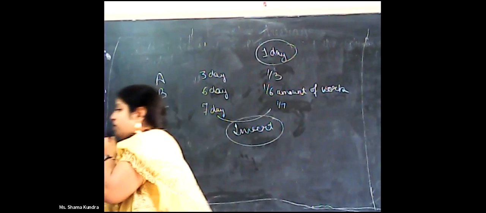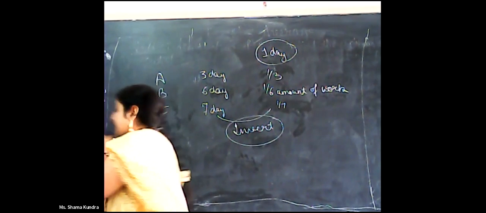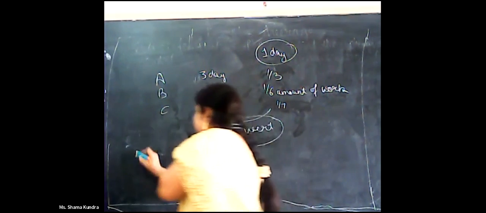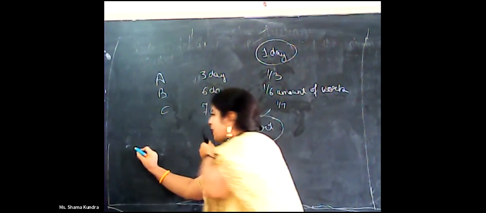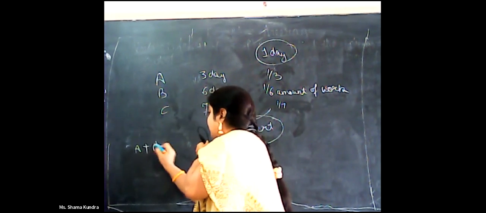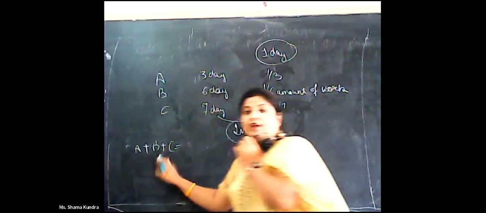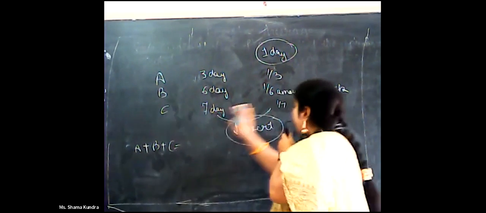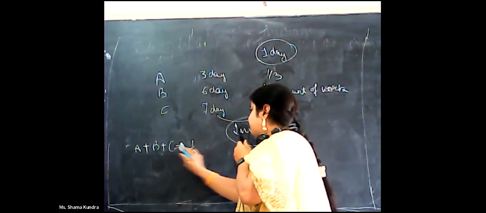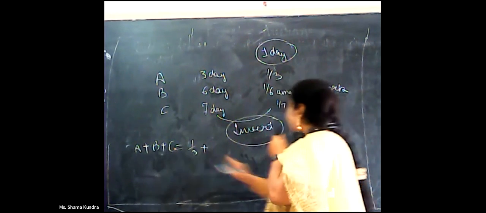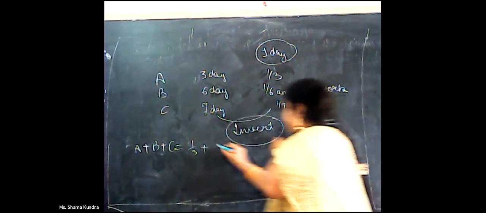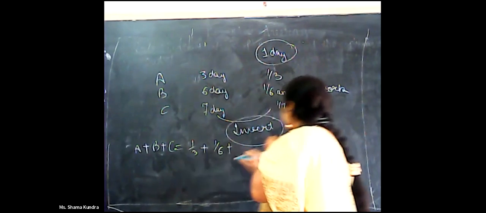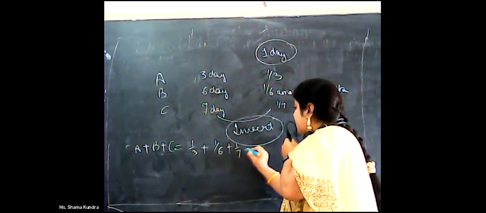Now they work together. In one day, how much will A, B and C work? A will work 1 by 3. B will work 1 by 6. And C will work 1 by 7.